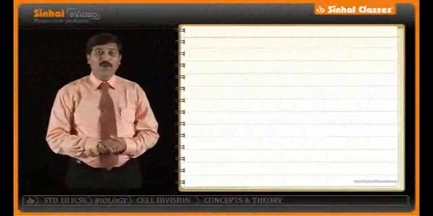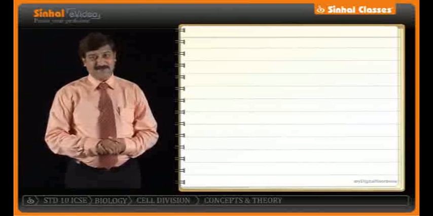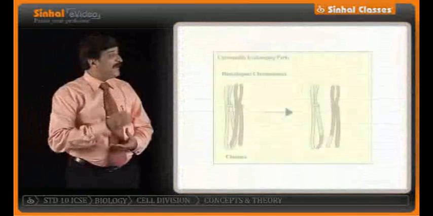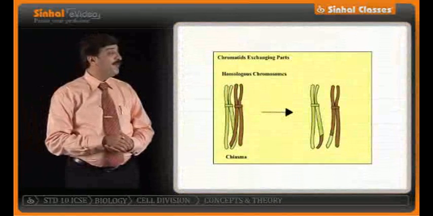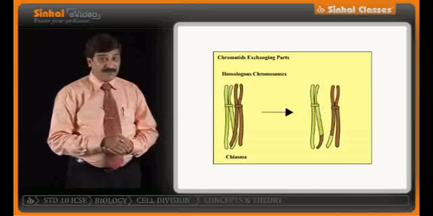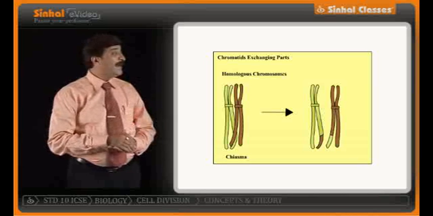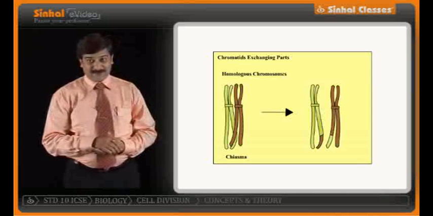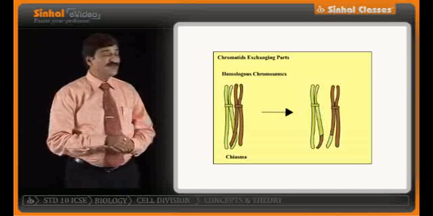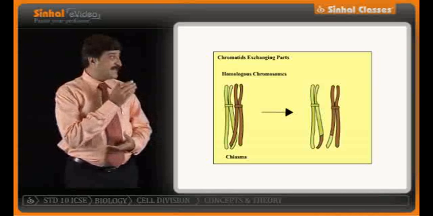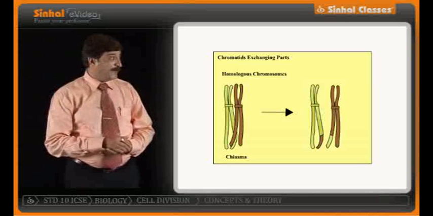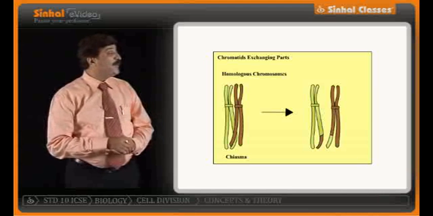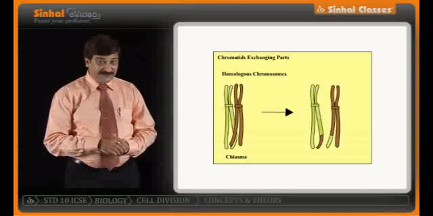In meiosis, one of the most important things that takes place is the chiasmata formation. During pairing, some chromatids of homologous chromosomes break and rejoin at points of intersection called chiasmata. Singular is called chiasma. This causes crossing over with exchange of chromatid material between chromosomes from the parents.